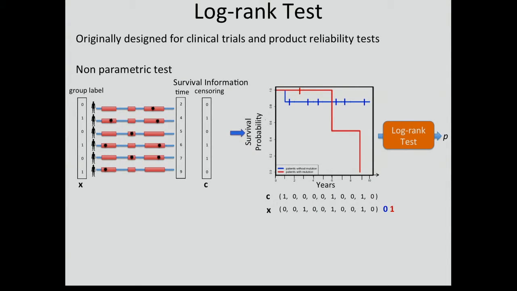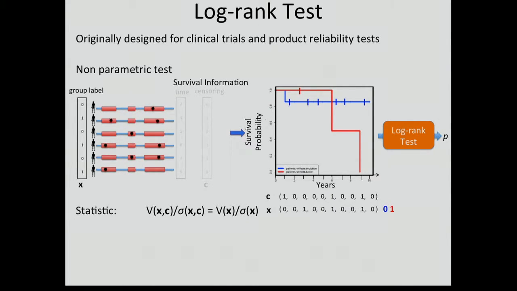What the log-rank test does is compute a test statistic. It's a function of the data that depends on the group information and the censoring, but as I said, we can consider it just as a function of the group information. So for a given gene, we can compute a score, and this score just depends on the group label.